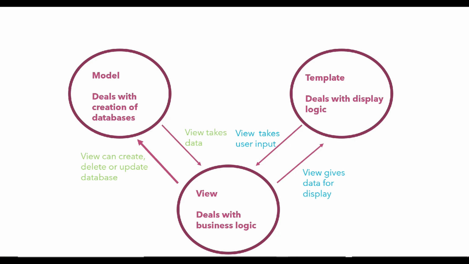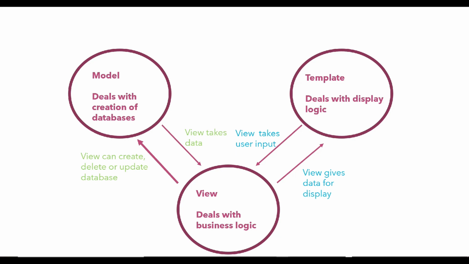Second, let's talk about the left hand circle, which is model. This section basically deals with creation of databases. And the third component was business logic. So the view that you create basically has the code that we were discussing for business logic. View takes data from the model and once it processes that data in a certain way according to the business requirement, it gives the data for display to the template.